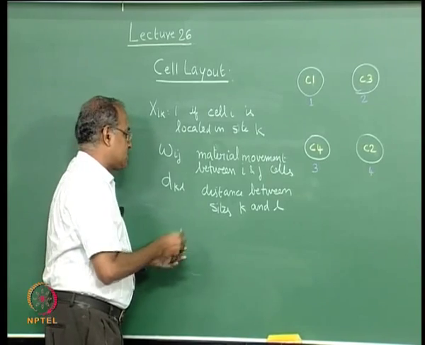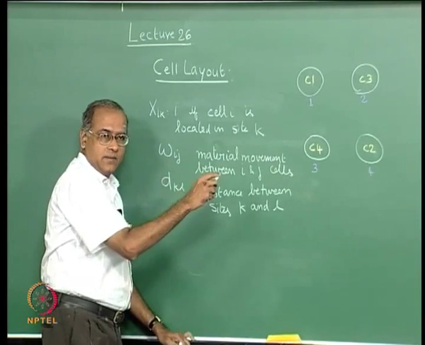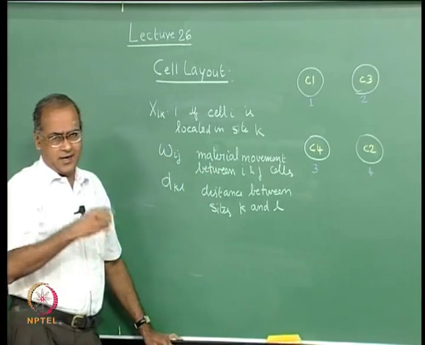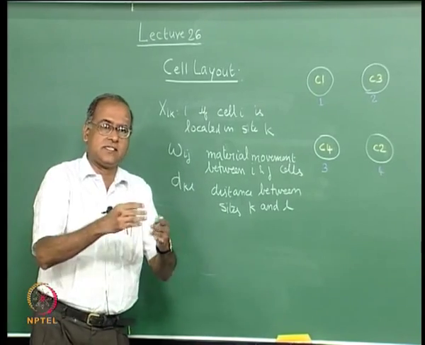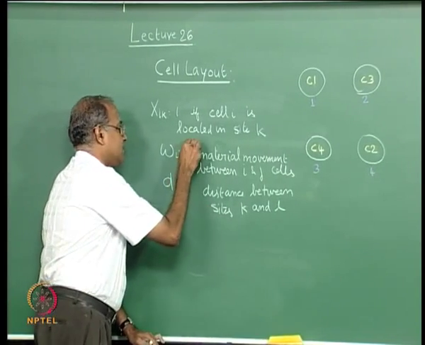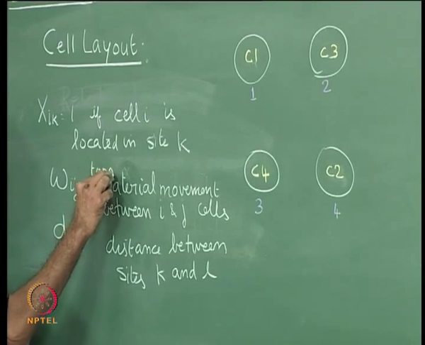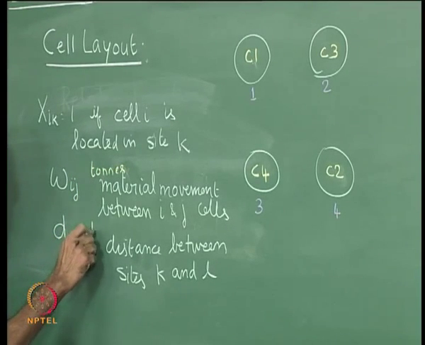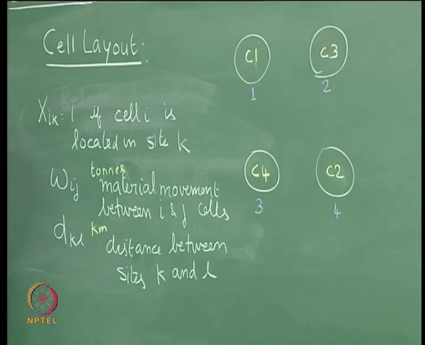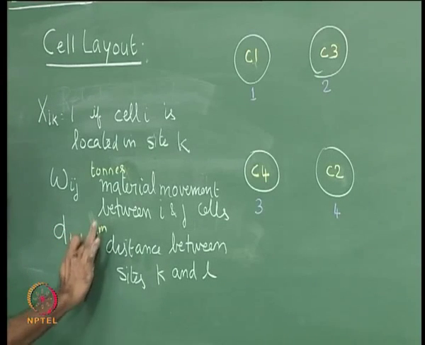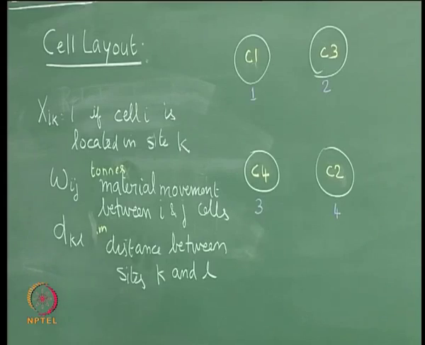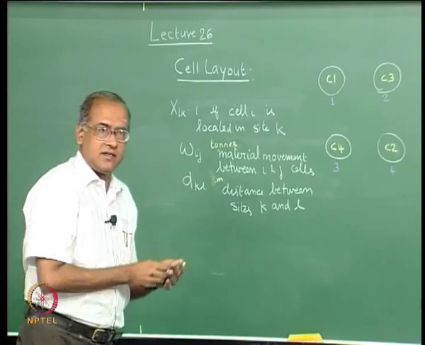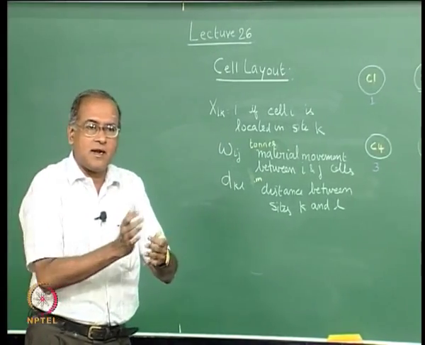For example, this could be given in terms of load, ton or kg or whatever. In traditional layout literature, this will be in tons and this could be in kilometers or meters. So, if we have a solution like this, what is the material movement?